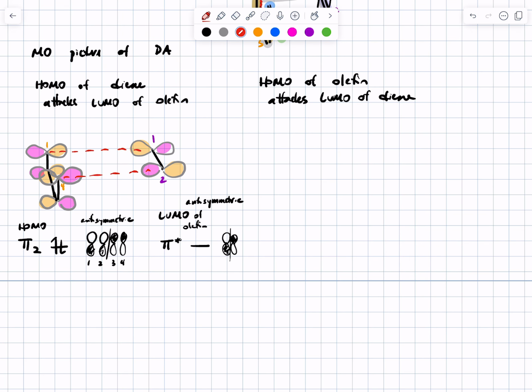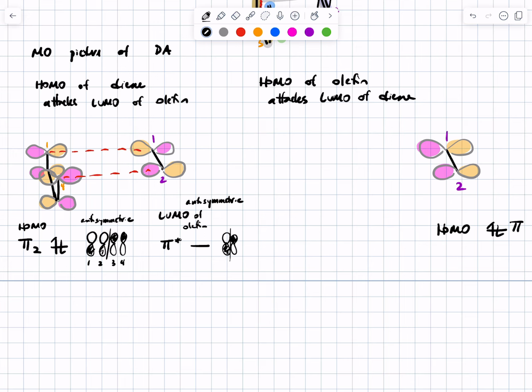At the same time, you would notice that the HOMO of the olefin, which is the carbon-carbon pi bonding orbital, looks like this. And it is a symmetric orbital, meaning that the wave function sign is the same on purple carbons 1 and 2.